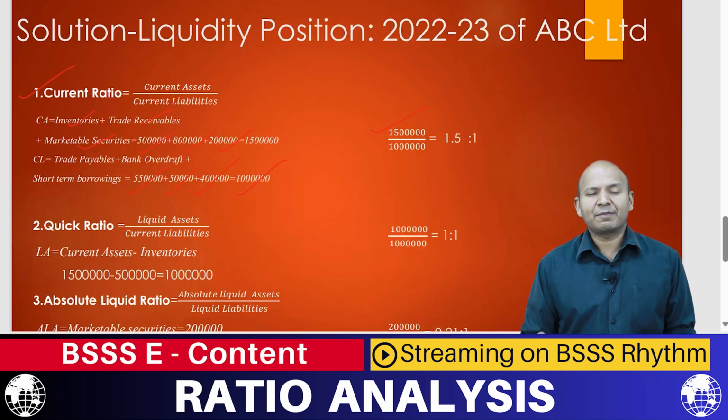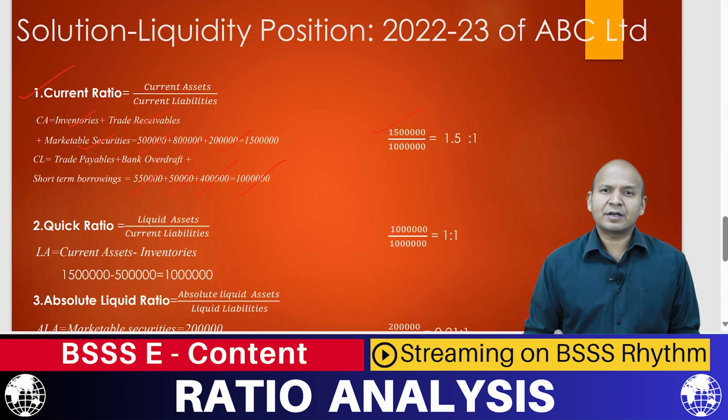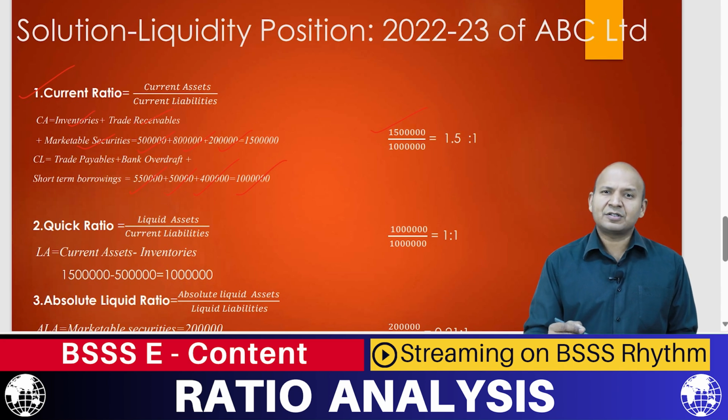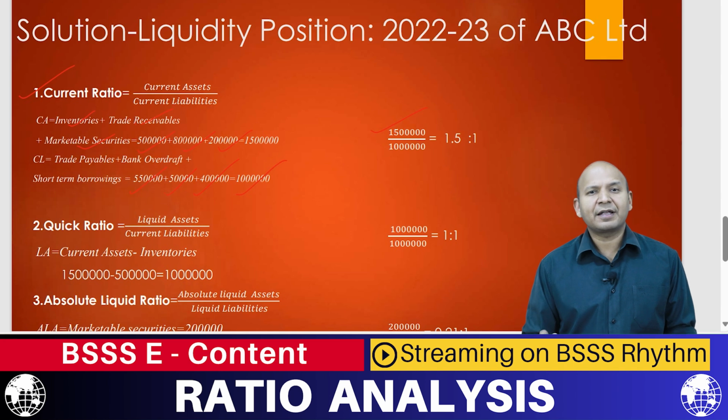So, total current liabilities is 10 lakhs, total current assets is 15 lakhs. For calculating current ratio, the formula is current assets divided by current liabilities. So, 15 lakhs divided by 10 lakhs, the ratio is coming 1.5:1.